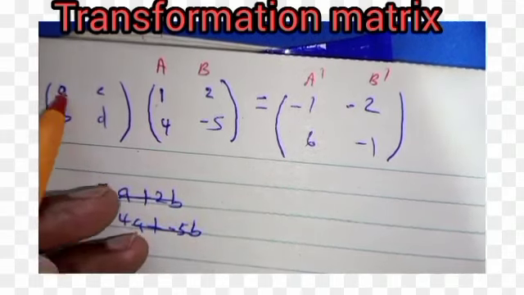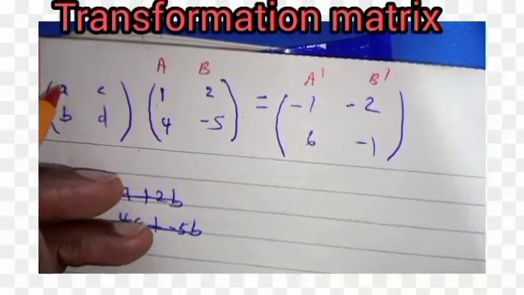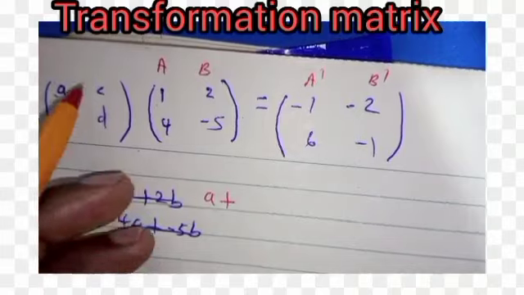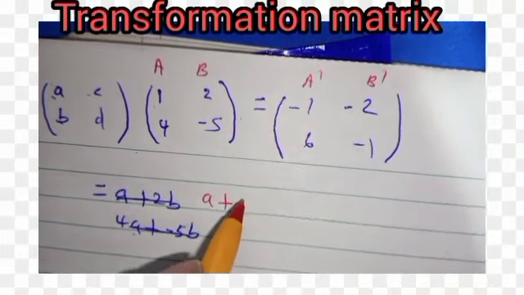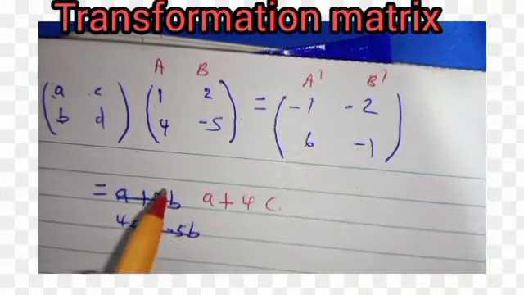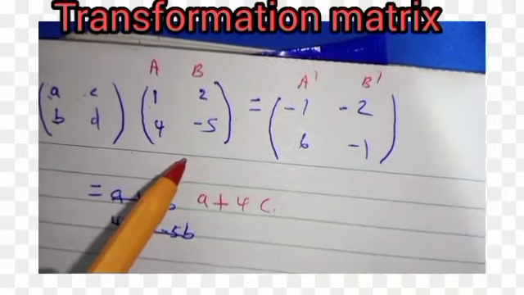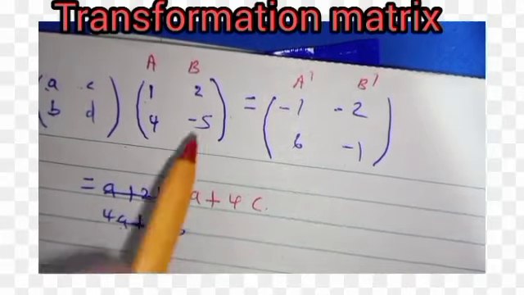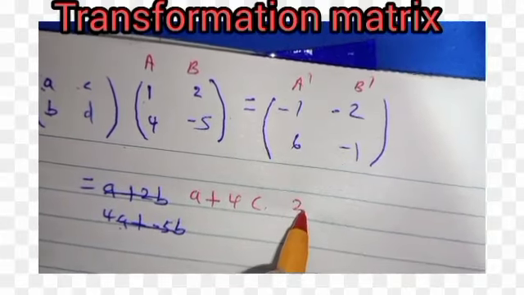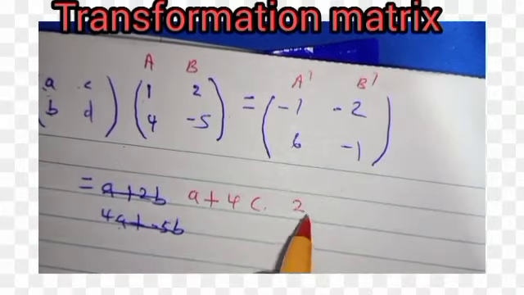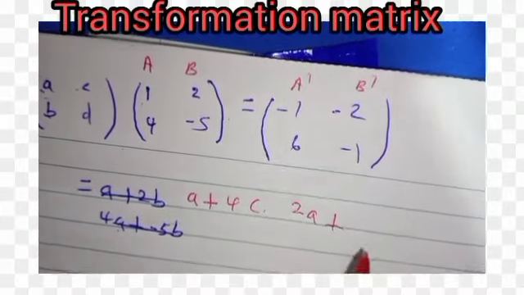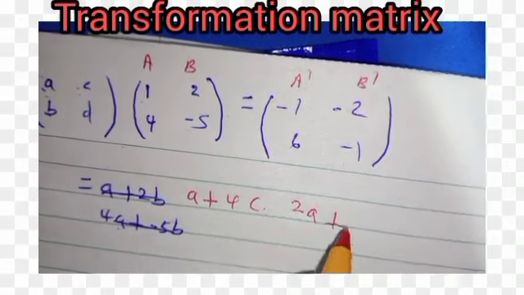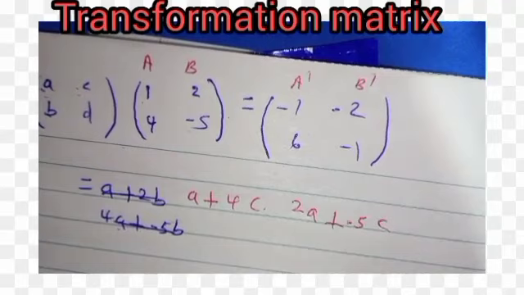So you are going to have A times 1 will give you A, then plus C times 4 will give you 4C. So now we have obtained our first element. To get the second element, it is this row times the second column. So you have A times 2, which will give you 2A, plus C times negative 5 will give you negative 5C.